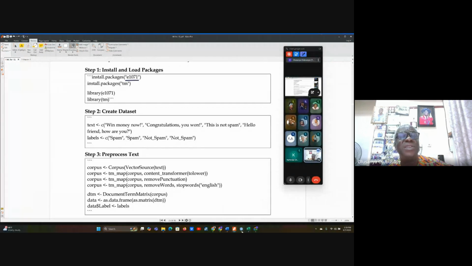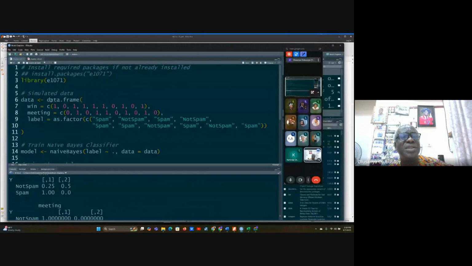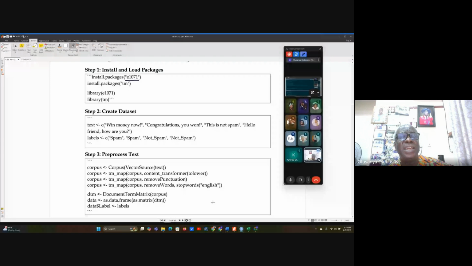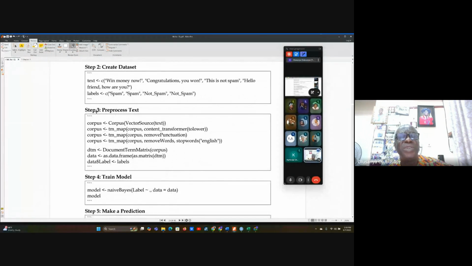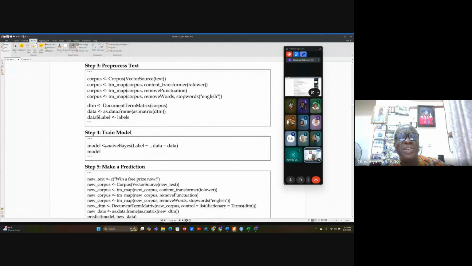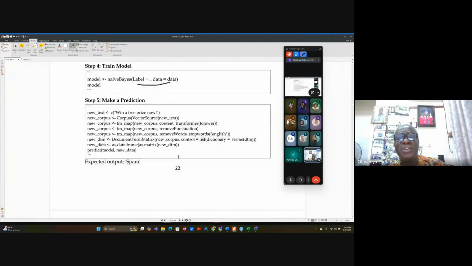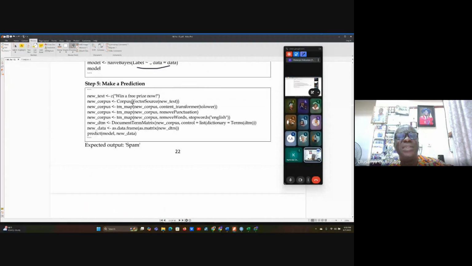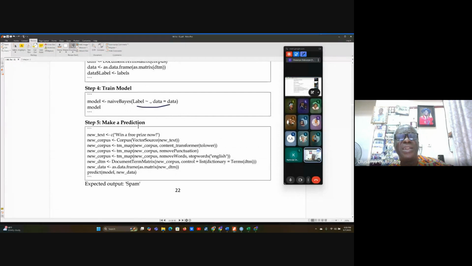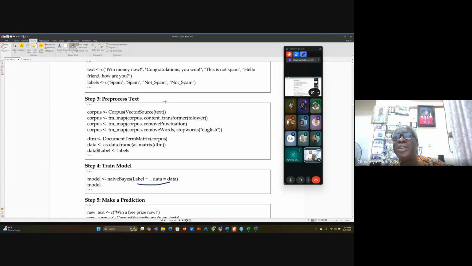So we created a data frame, and we didn't do pre-processing, but later we will. Then we train the model, and then we make predictions, and then we discuss. Those are the commands and arguments that you need to get familiar with.